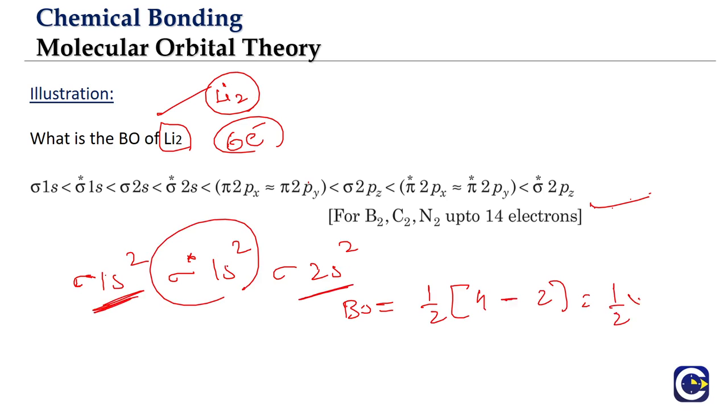So half into 2 is equal to 1. So if this molecule exists, the bond order is 1, and it can exist. Only when the bond order is 0 or negative will those molecules be unstable and not have independent existence. Now we look at another question, the bond order of O2.